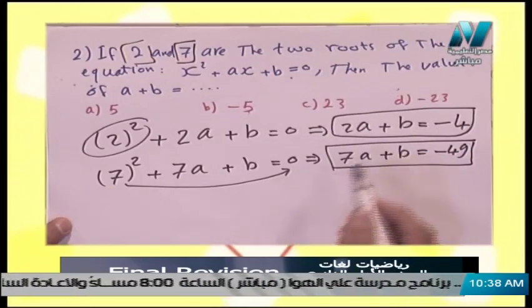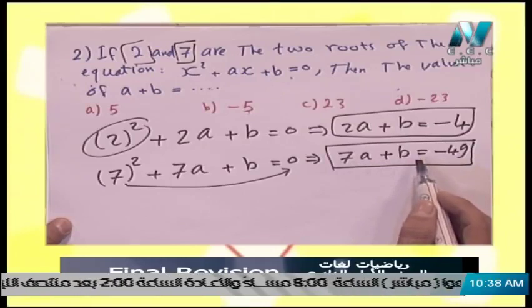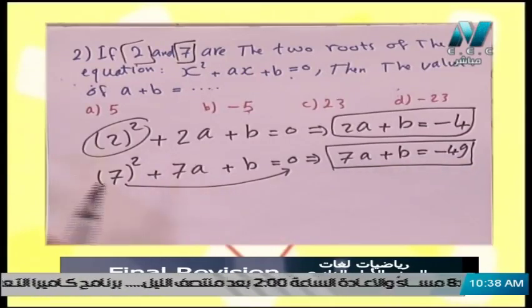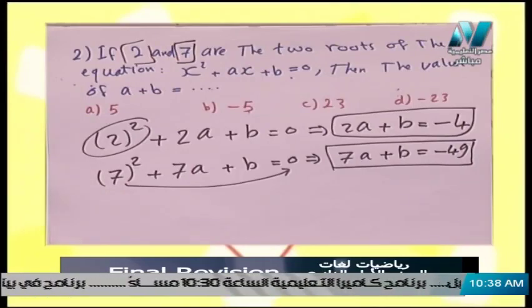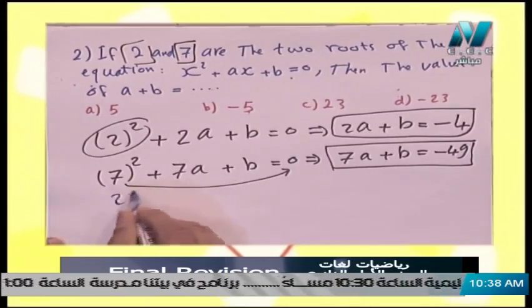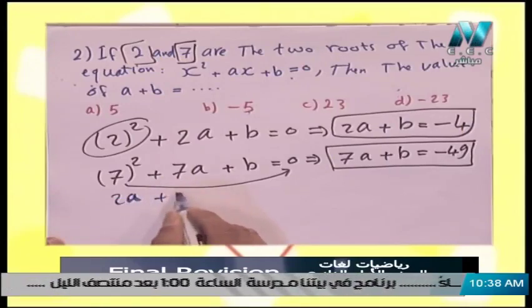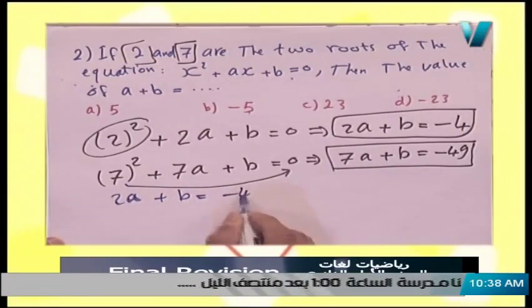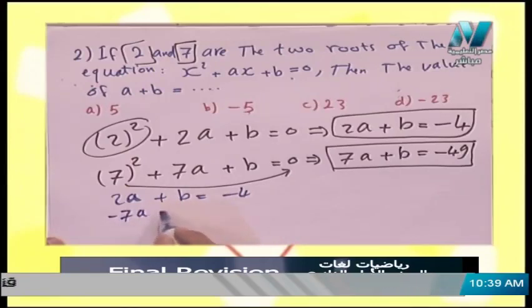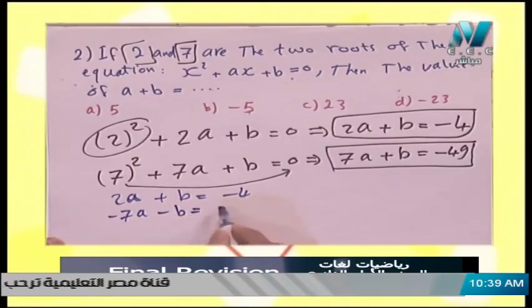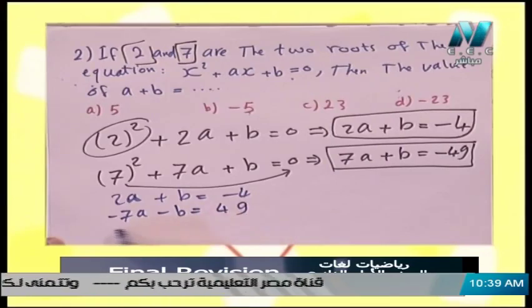So multiply the second one by negative 1. We have here the first equation, 2a plus b equals negative 4. Negative 1 times this one equals negative 7a minus b equals positive 49.